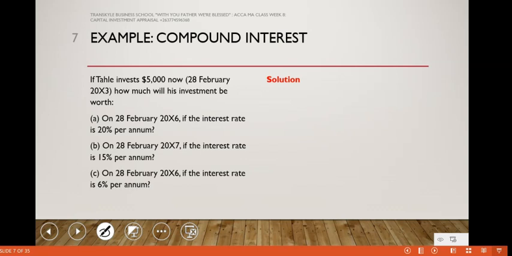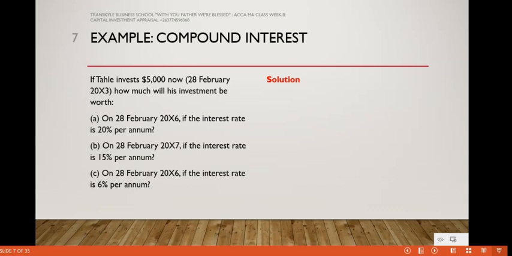We need now to use the basics as we have just indicated in the example. Today it is assumed that it is 20x3, and how much would this investment be on 28th February 20x6, that is 3 years later?